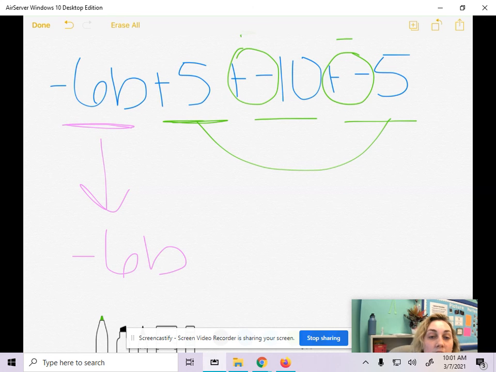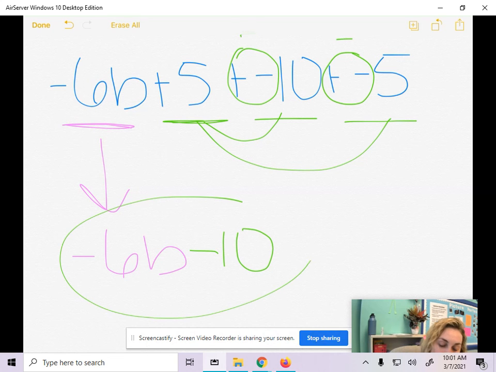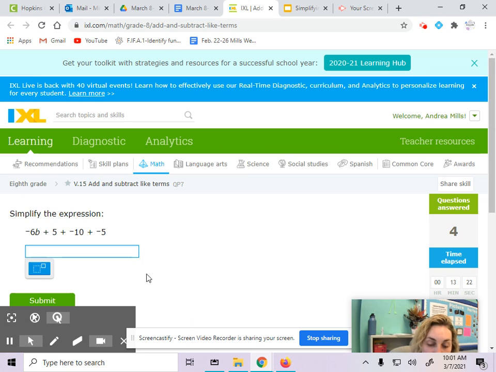So what we have is 5 minus 10, and then minus 5. 5 minus 10 is going to give us negative 5. Negative 5 minus 5 is going to give us negative 10. And that is going to be our final answer. You can't simplify it more than that. So what we have is negative 6b, and we're going to subtract that by 10.